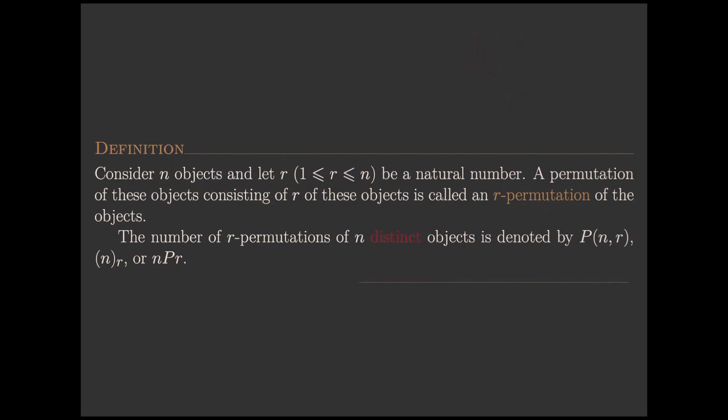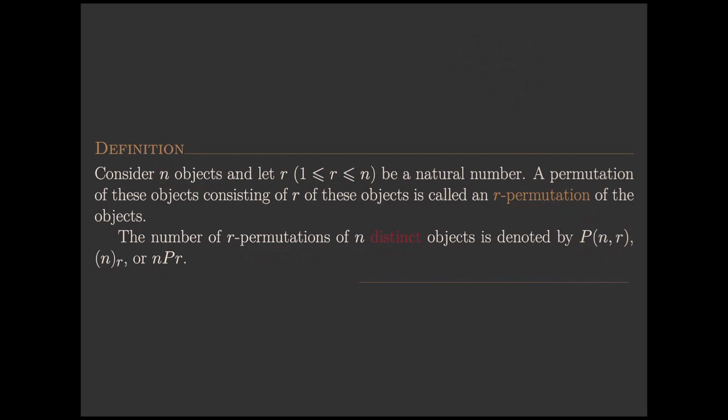And the number of r-permutations of n distinct objects is denoted by this symbol. This is the one used in your book, but there are 2 more that you might find in other books as well. So P(n, r) is the number of r-permutations from n distinct objects.